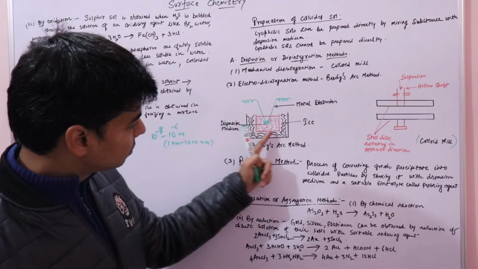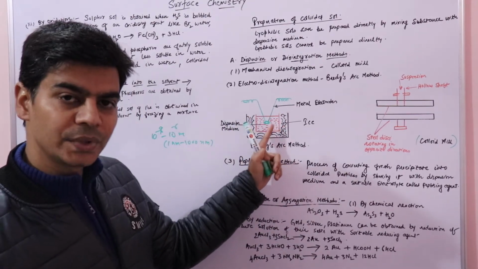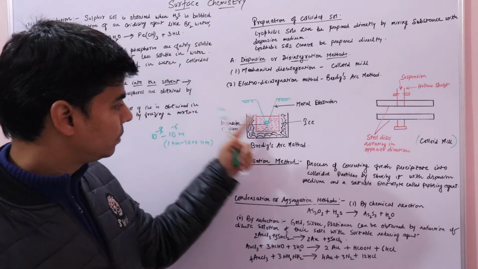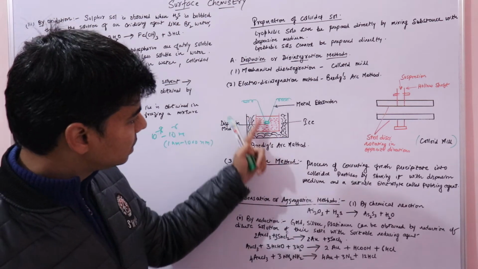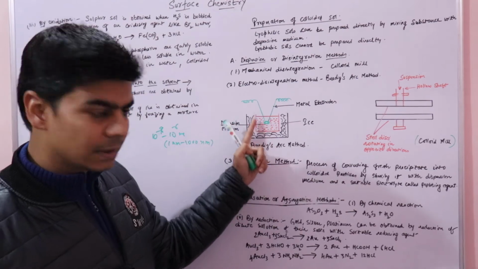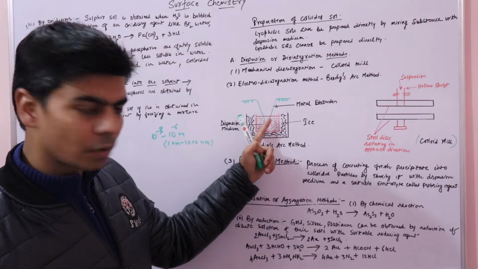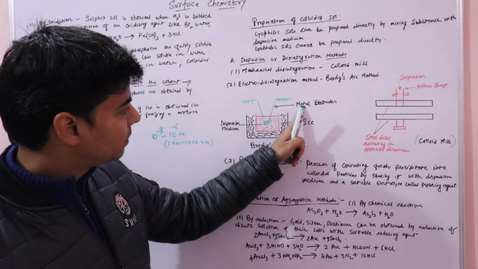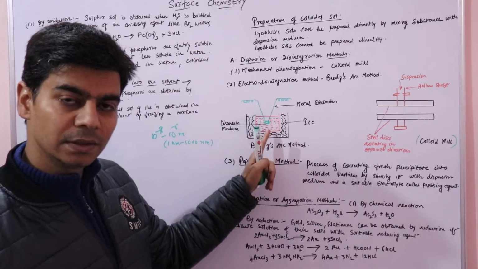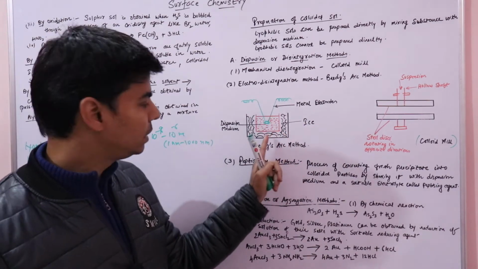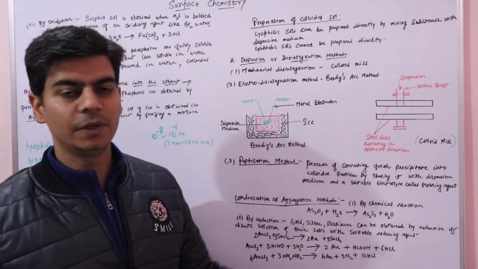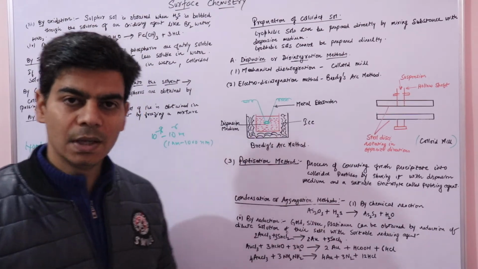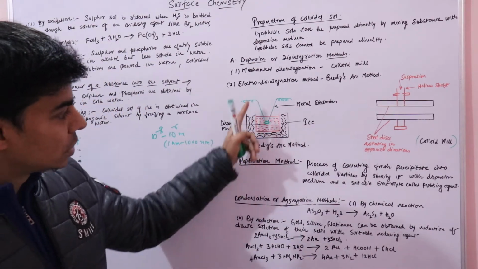Then another container has a dispersion medium in it, and in this dispersion medium there is an electric arc between metal rods, which are also immersed in the medium.